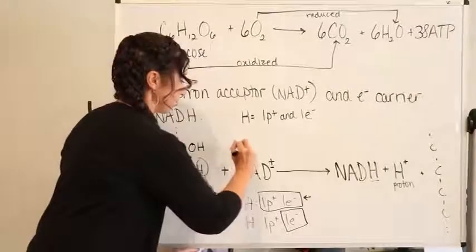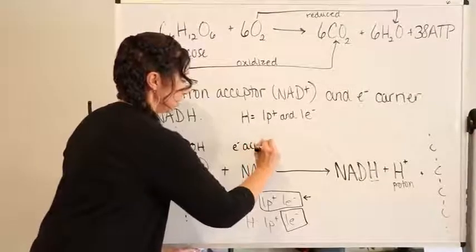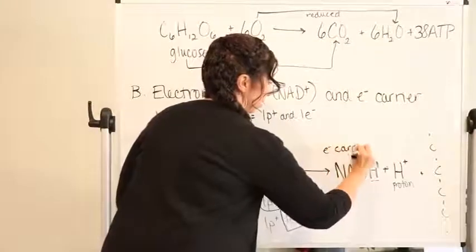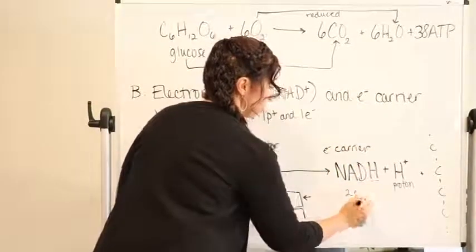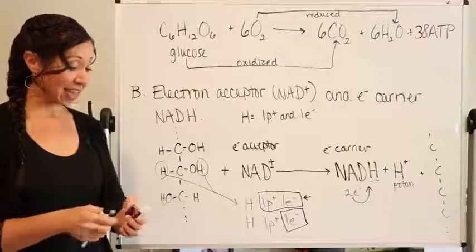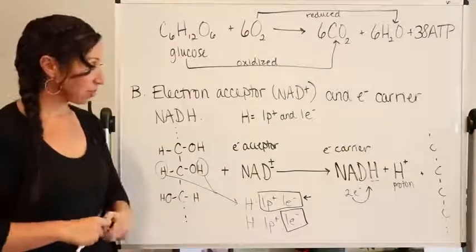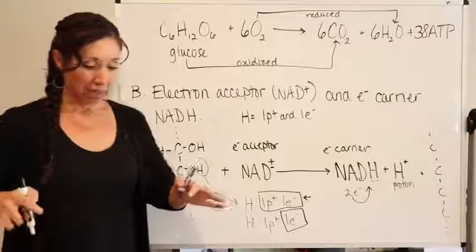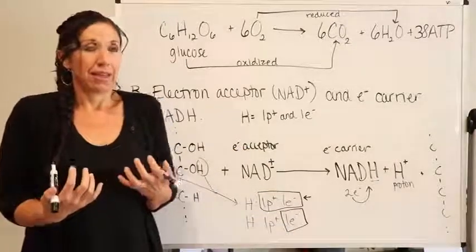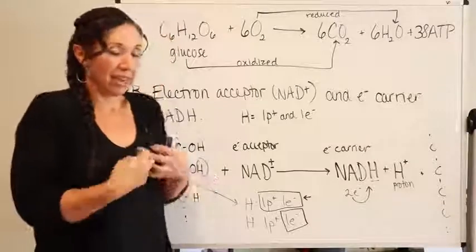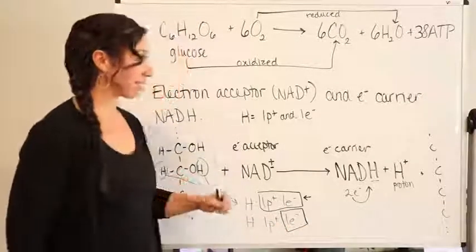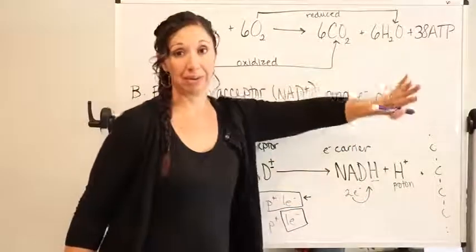This is the electron acceptor. This is the electron carrier. It's carrying 2 electrons in there. And that's important because at the end of our cellular respiration event, NAD plus scoops up the electrons, it's now NADH. NADH is going to walk over to the slide and release these electrons down the slide. Releasing those electrons down the slide is going to make all that energy we need.